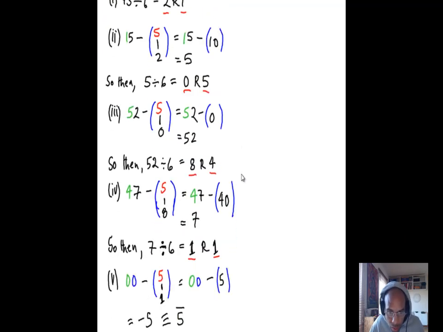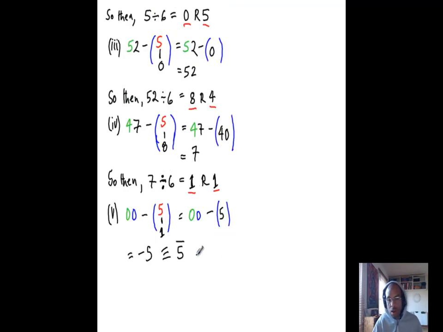Okay, so you're getting more and more familiar with this notation now. We're going to use this one anyway. You have to be flexible, as I mentioned before in previous videos, but we use the normal minus 5 here. We call this bar 5, which is the same as minus 5.